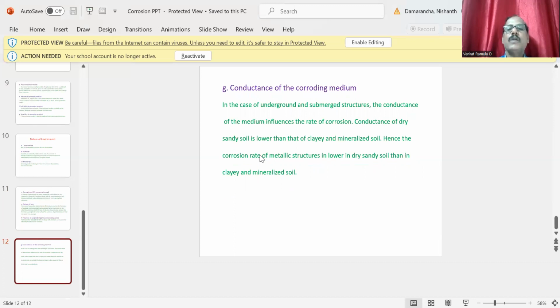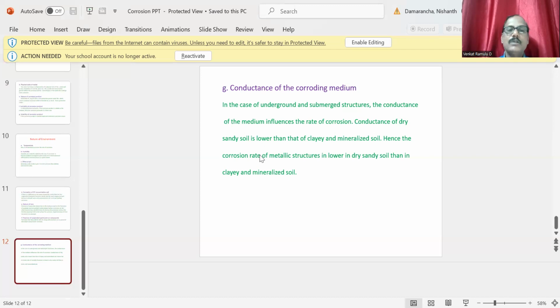Wherever we have more conductance, definitely the corrosion will be more. So the corrosion rate of metallic structures is more in clayey and mineralized soils than in dry sandy soil.